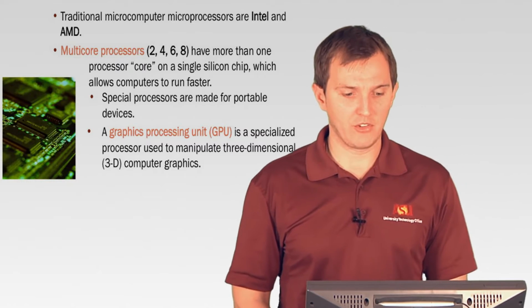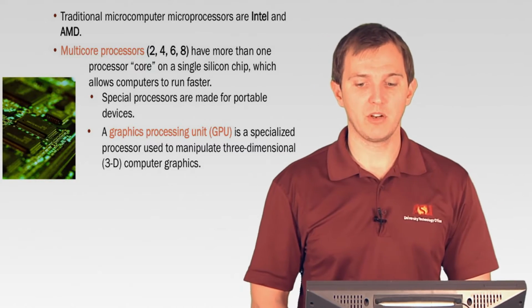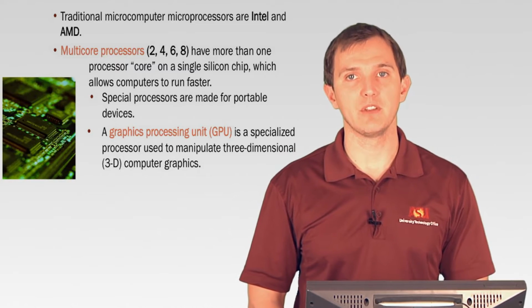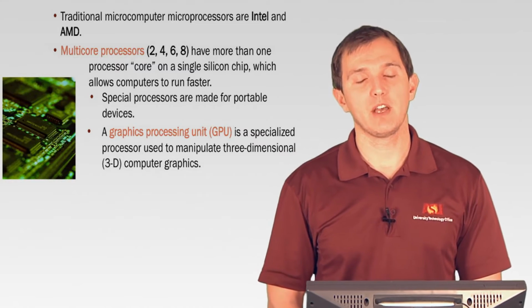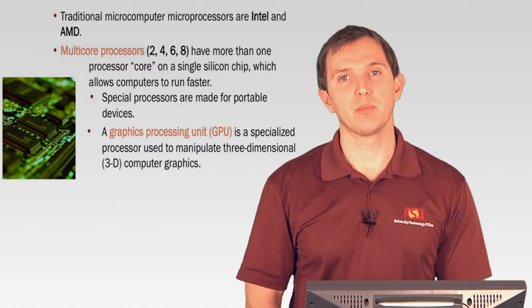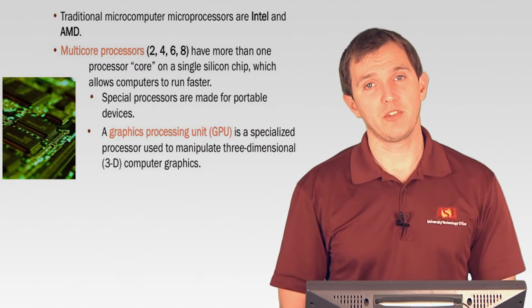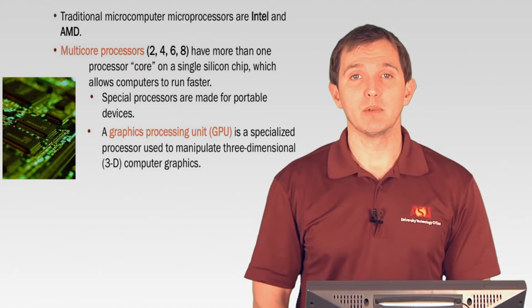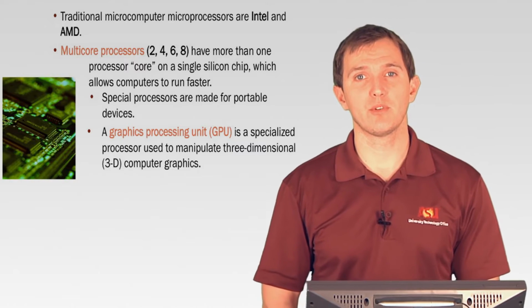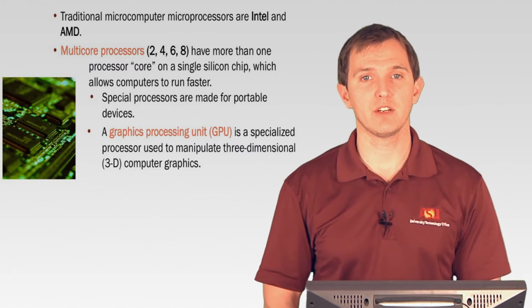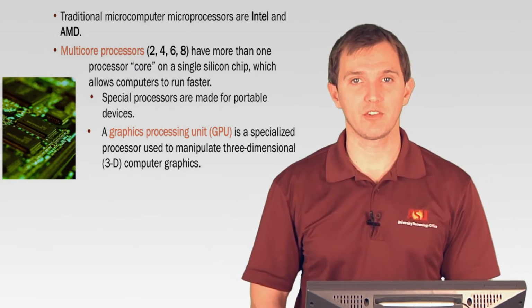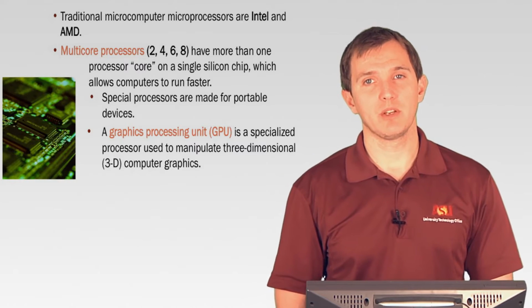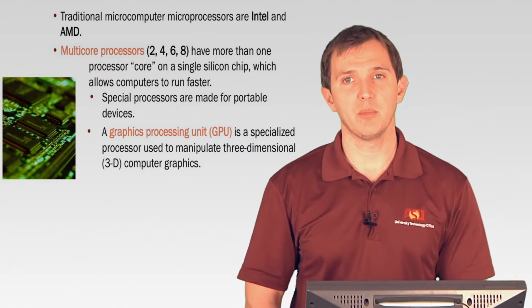So we're talking about processors here. Traditional microcomputer processors are Intel and AMD. Apple used to have Motorola produce PowerPC processors for them. Maybe you remember the transition from the G5, which used PowerPC and Motorola processors, and then there was a jump in I think 2006 or 2007 to Intel processors.